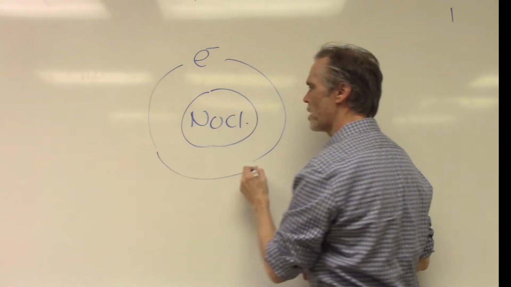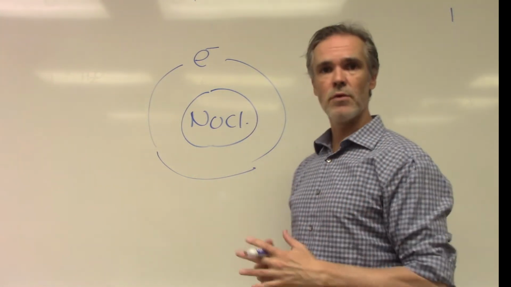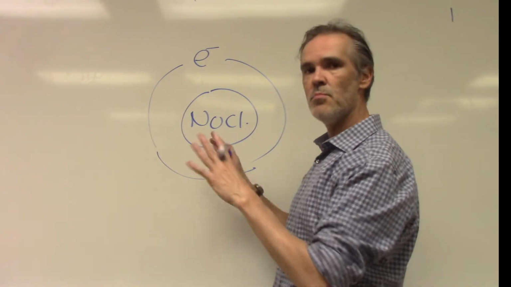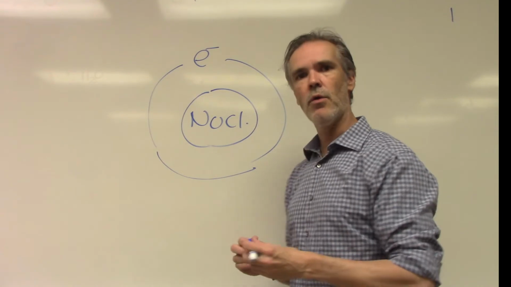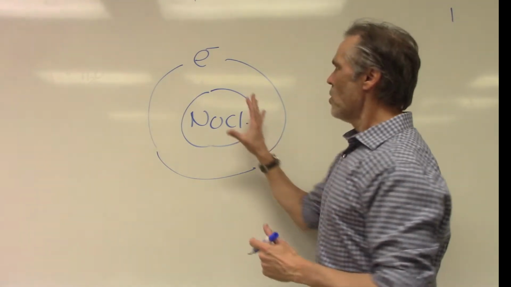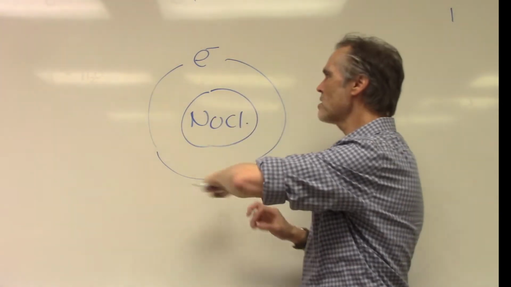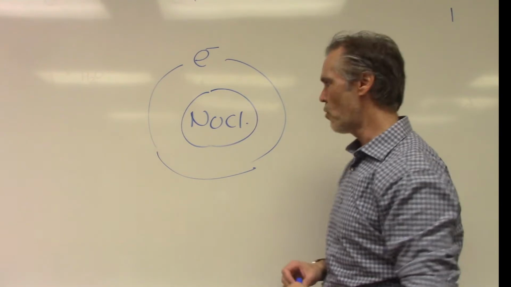I'm just drawing one electron here, but there can be many of those electrons. I'm keeping this as simple as possible. We can complicate this a lot more, and I don't want to do that. So we have the nucleus on the inside, and on the outside, at the periphery, we have the electron, or electrons if there's more than one.